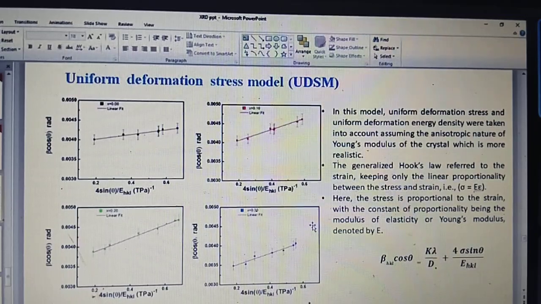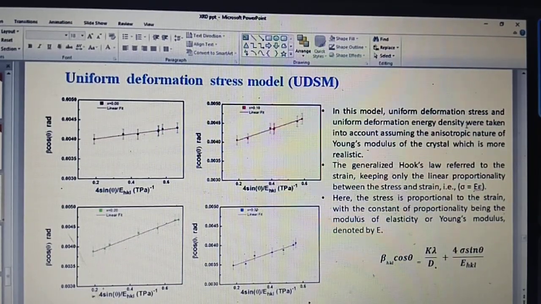There is another model which we make use of, with the same data. In this model, the uniform deformation stress and uniform deformation energy density are taken into account. You know there is a relation, Hooke's law: sigma is equal to E into epsilon, where E is the Young's modulus, epsilon is the strain, and sigma is the stress.